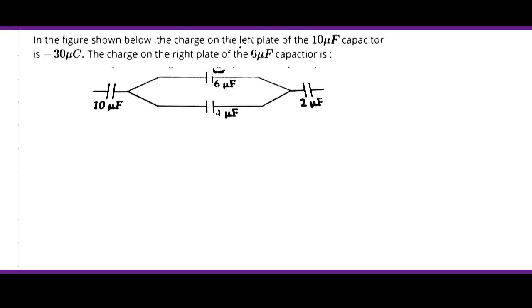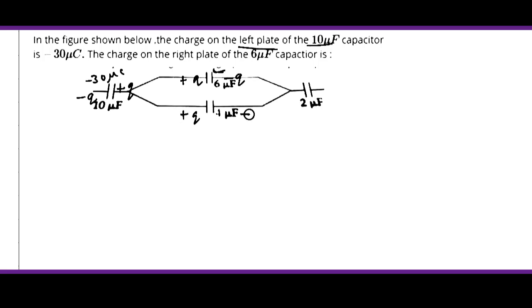It is also given that the left plate of the 10 microfarad capacitor, that is this one, has minus 30 microcoulomb. So this side the charge is minus q, so this side will be plus q. So this side is plus q, this will be plus q, and also this will be plus q, and this side will be minus q.